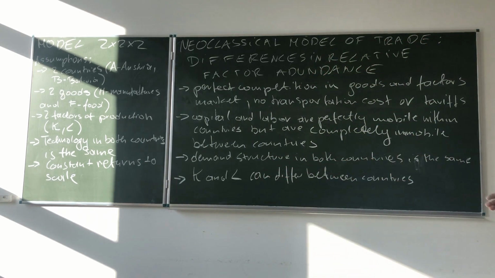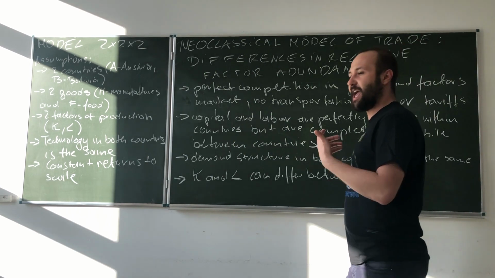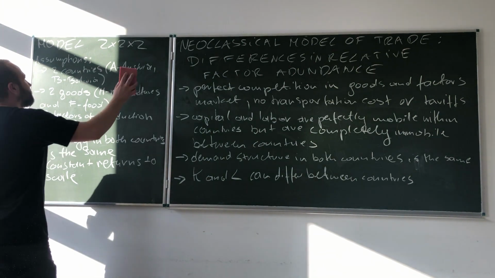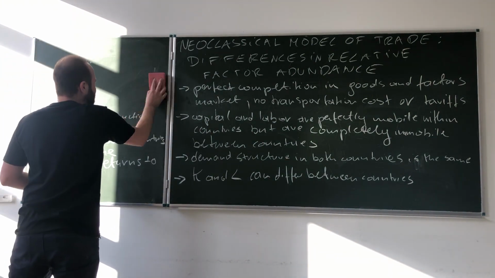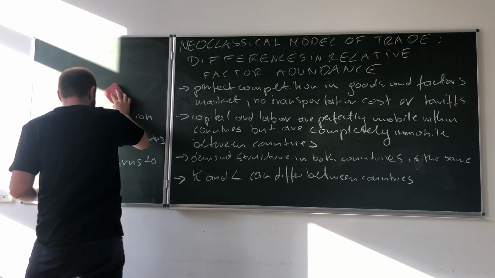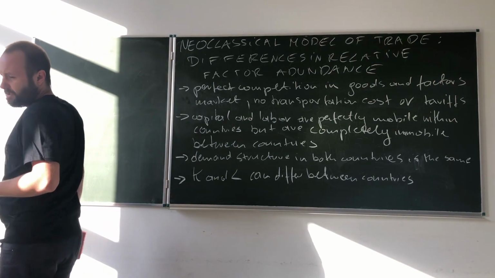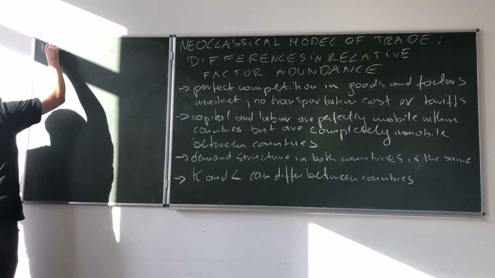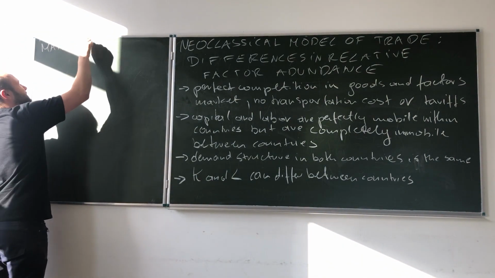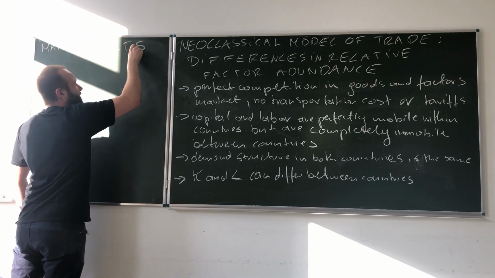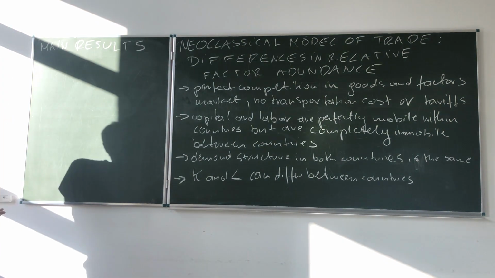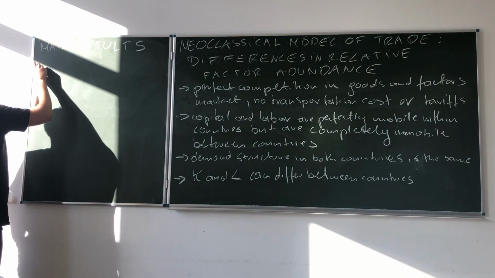It will take us, let's just say, a lot of time to get everything we need. So before we actually start building this economy from scratch, let's consider a couple of main results that we will try to derive step by step from the model.